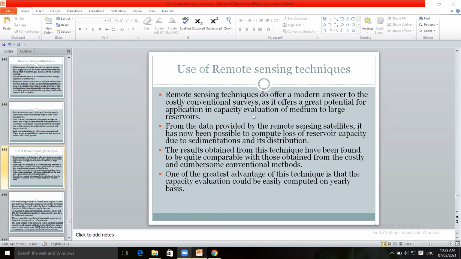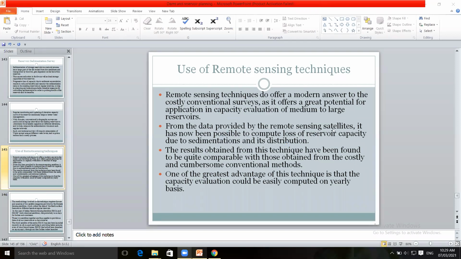In this, the data is provided by the remote sensing satellites. From that data, it is easy to compute the loss of reservoir capacity due to sedimentation and its distribution.